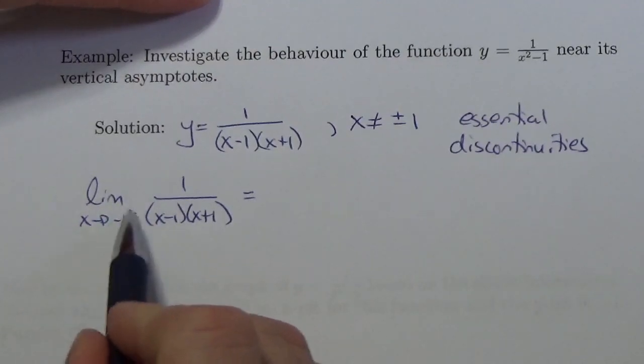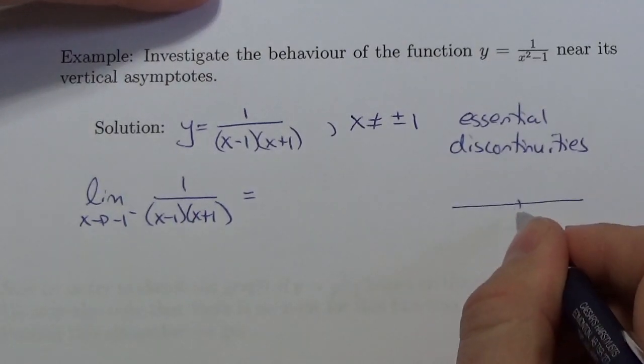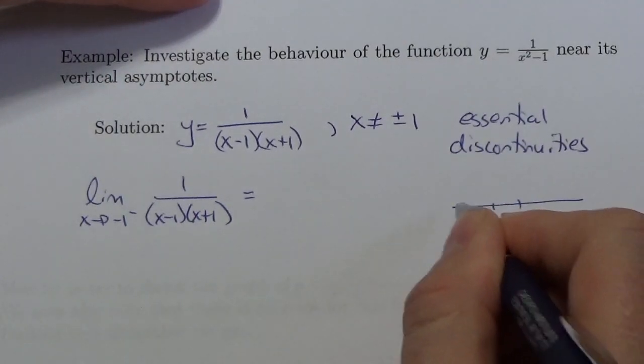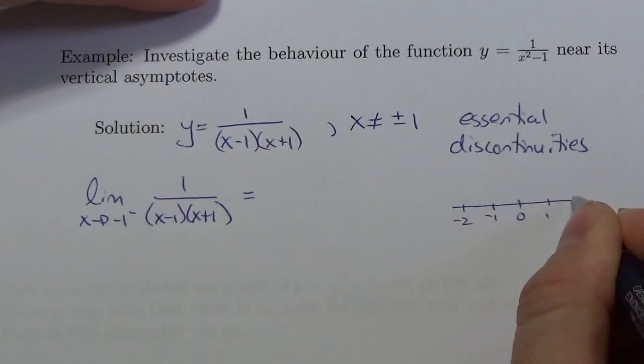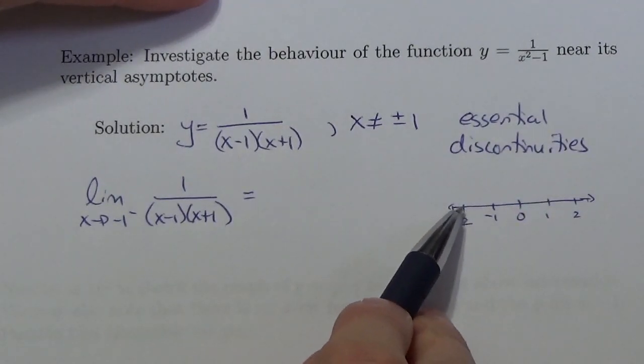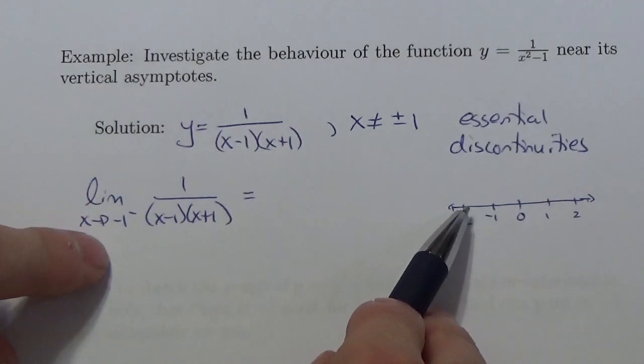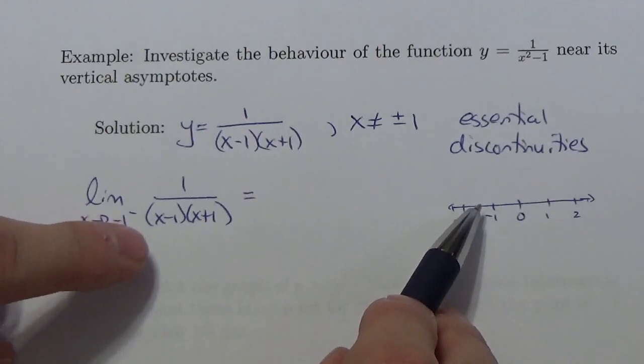If you approach negative 1 from the left-hand side, let's take a quick look on the number line right here. Here's 0, here's negative 1, negative 2, positive 1, positive 2. If I approach negative 1 from the left, I'm running through a series of numbers to the left of negative 1.